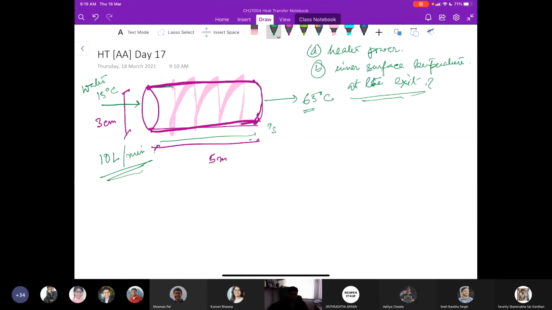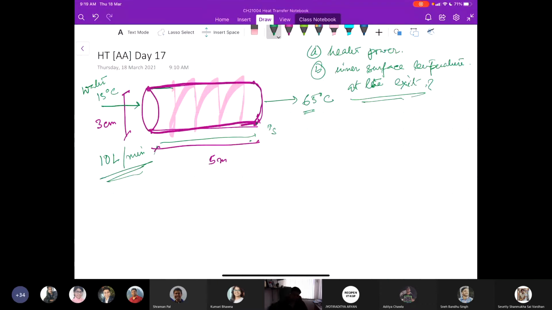But for this, you need a couple of physico-chemical parameters, or say the properties of water. Let's consider density as 992.1, just to have your calculations complicated, because it's a straightforward problem. I'm telling you these values directly, but there is a way to get them.